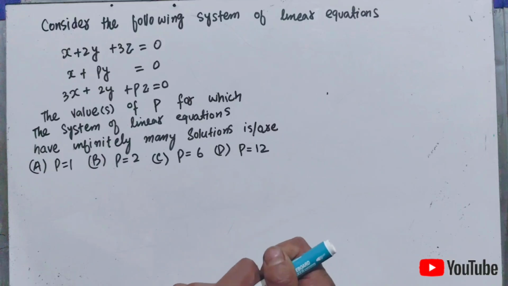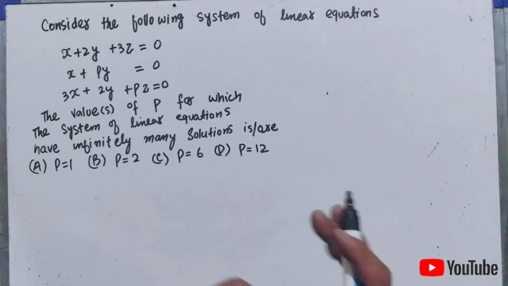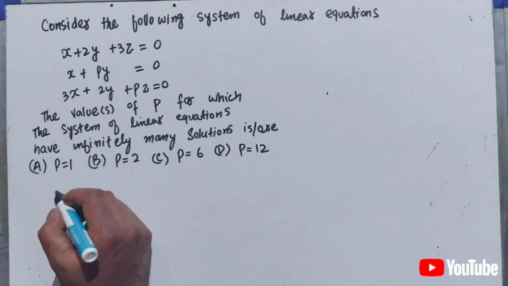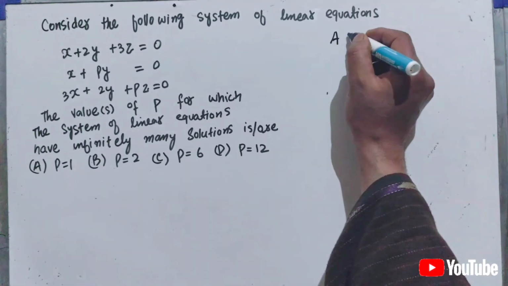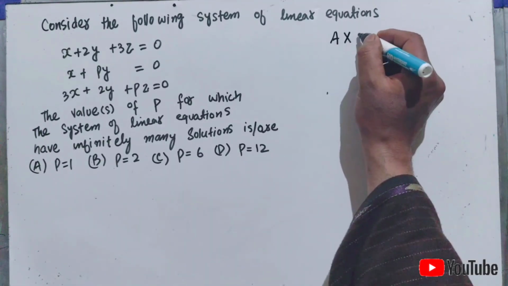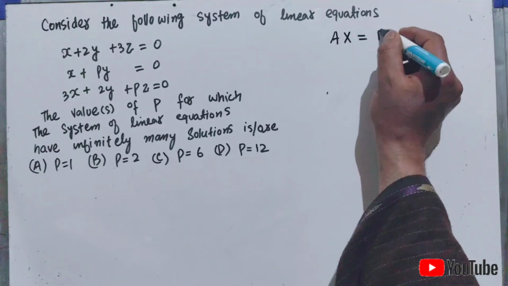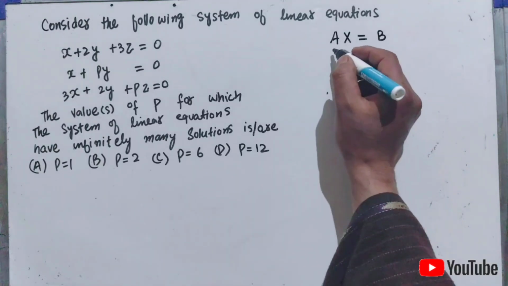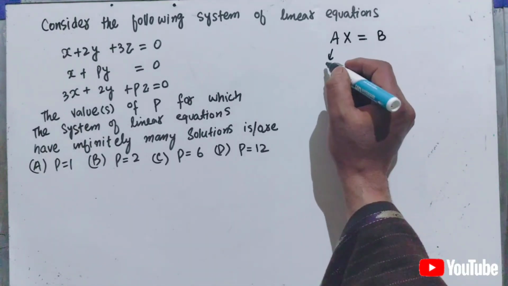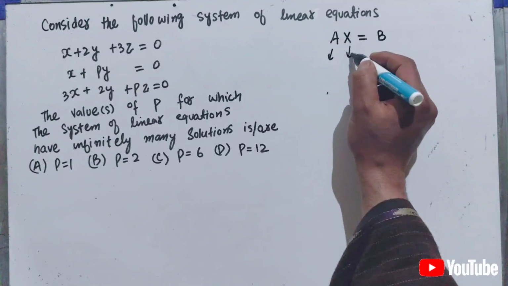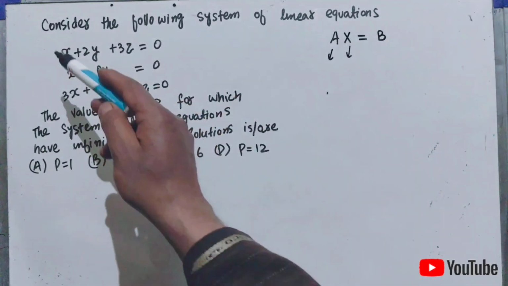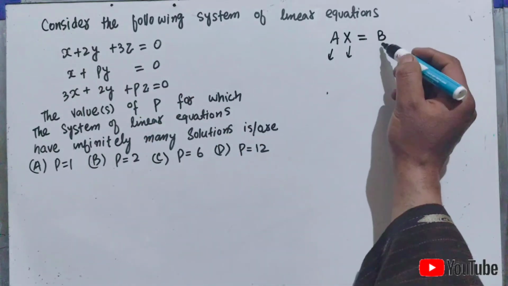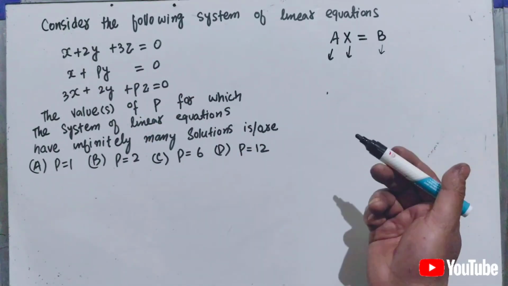Given the three equations, first we write them in matrix form, that is AX is equal to B, where A is the coefficient matrix, X is the vector of the variables x, y, and z, and B denotes the vector of constant terms.